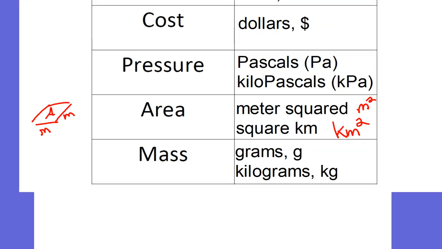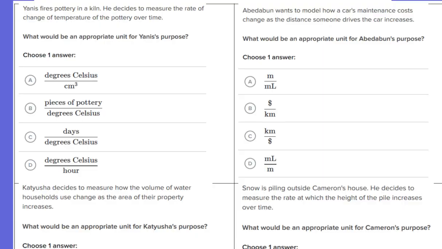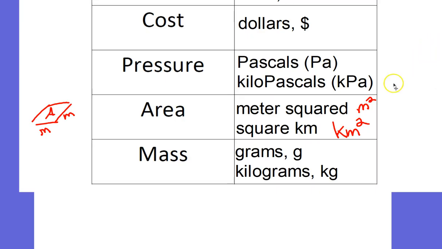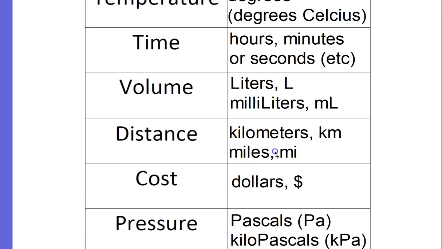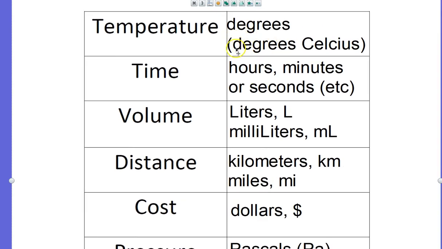I'm going to move on to my questions. Yanis fires a pottery. Each one of these is going to be a ratio. So I want to know two different units, and then I want to make a ratio of them. He's firing pottery. He wants to measure the rate of change of temperature over time. Now, temperature, if I look back at the other page, is degrees, like degrees Celsius. Over time, that's going to be hours, minutes, or seconds.